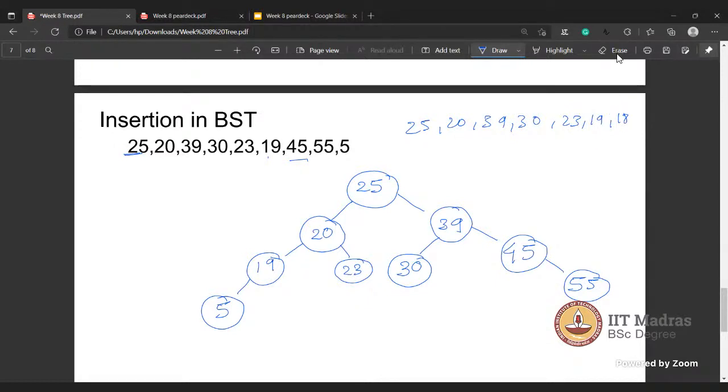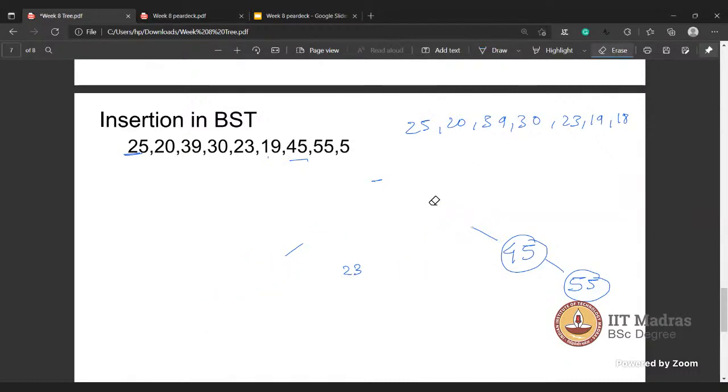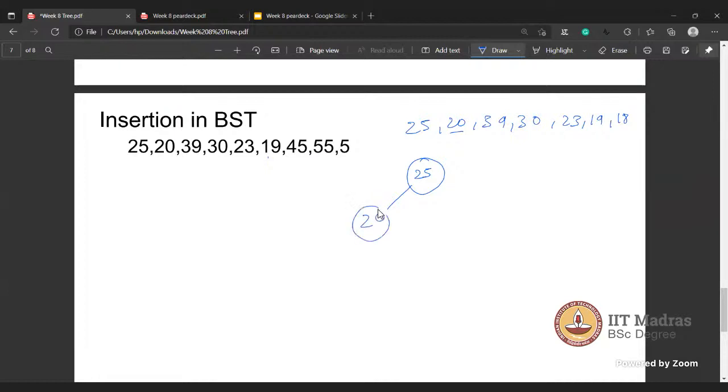Okay, let's insert 25. Then 20 will be greater than or less than? Less than, so left side. Then 39, right side of 25.